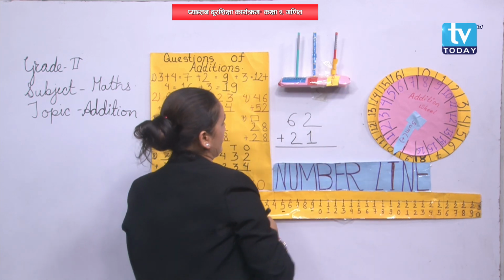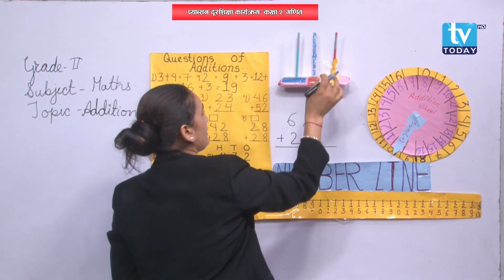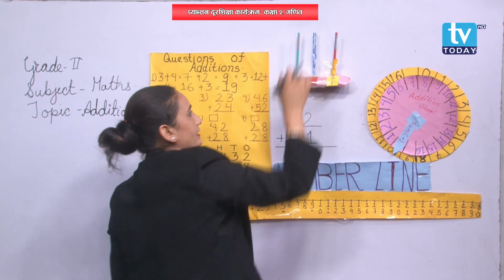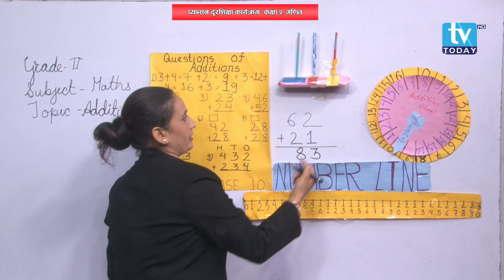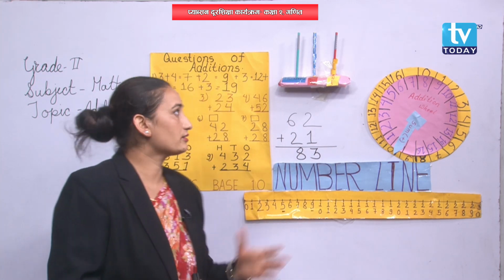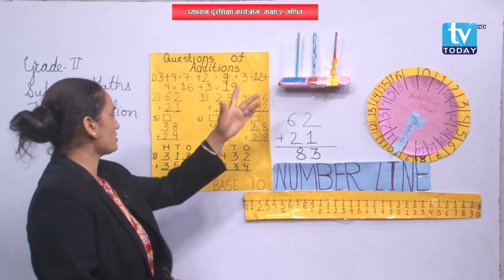So please go on writing here. 2 plus 1, it's obviously 3. Now same here. Count the numbers. 1, 2, 3, 4, 5, 6, 7, 8. 6 plus 2 is 8. So 83. Do you understand how to write the numbers? Yes. Like this way also we can add the numbers. Okay students. This is the one way.